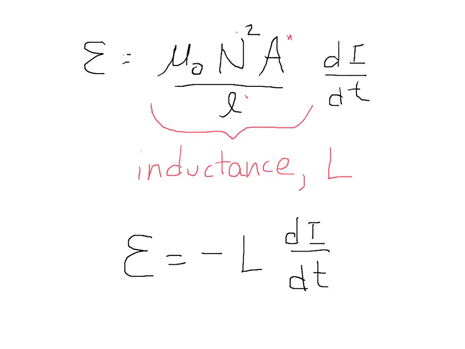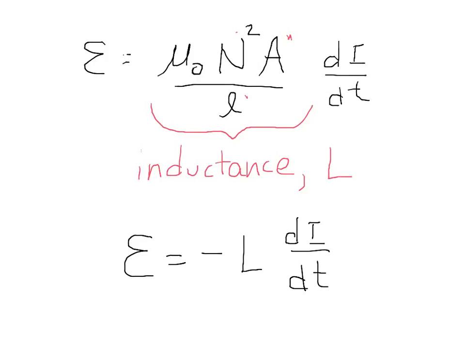So if you want to think of what L describes, it's a measure of how much a solenoid opposes very rapid changes in current. So when you try to flip the switch on and you've got it up full blast and you try to just blast a bunch of current through that solenoid, it is going to oppose it the most. And when you very gently try to bring up the current, then it will oppose it the least.